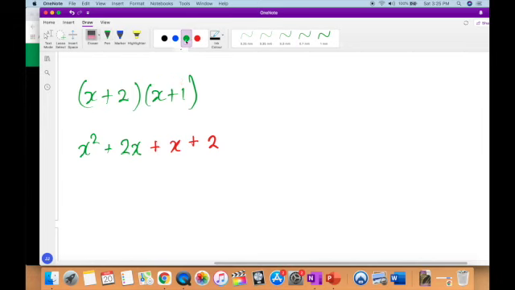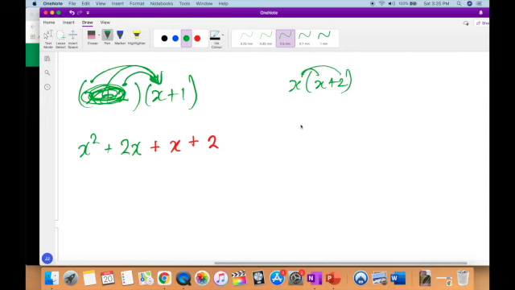What did you do? We took x, multiplied by x. We took 2, multiplied by x. Isn't that the same as taking this and multiplying it by x first? Yeah? So what we did was x multiplied by x plus 2. Isn't it the same thing? Exactly the same thing, right?